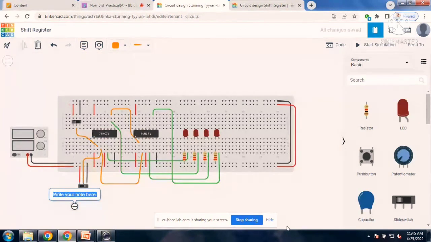This one is for the clock, and this one is for the input, or say serial input.